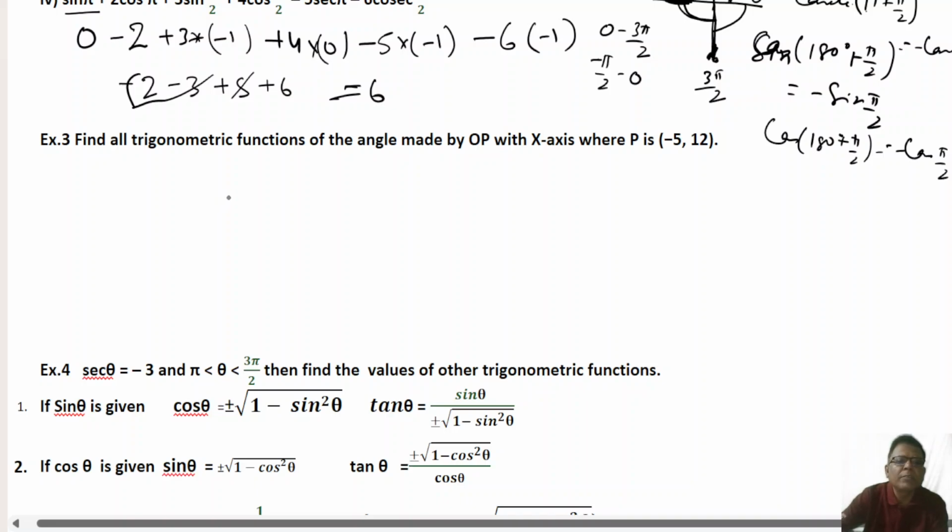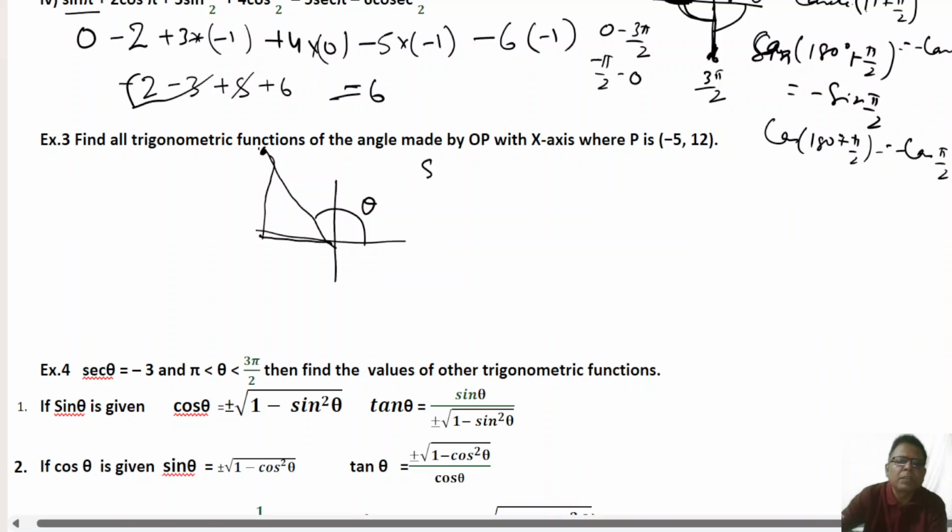So here, find all trigonometric functions of the angle made by OP with x-axis where P is minus 5 and 12. So let us see. The x coordinate is minus 5 and y coordinate is 12. So it will lie somewhere here.